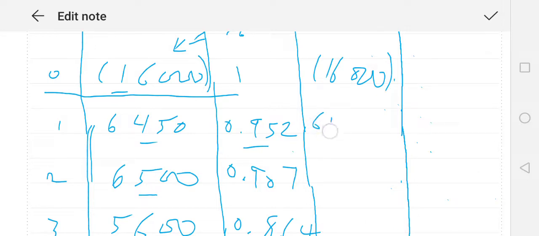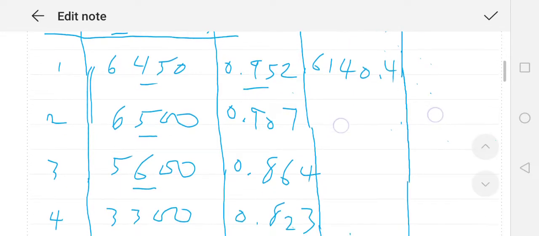And then year 2, 6,500 times 0.907 will give us 5895.5.